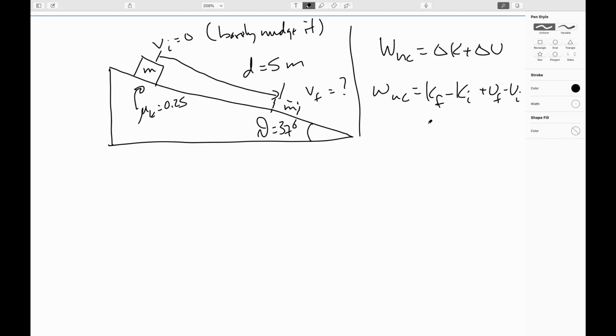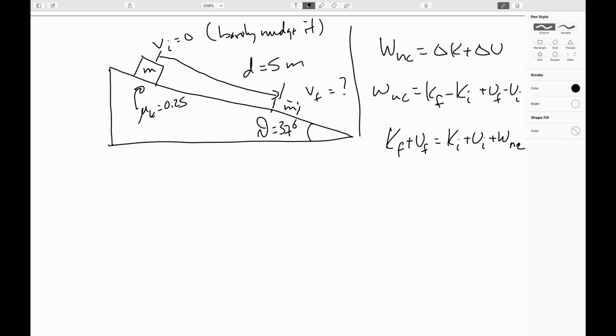And we can rearrange. Rearranging, we will get K final plus U final equals K initial plus U initial plus work done by non-conservative forces. So if we want to do this by a table, we would be inserting our variables, if you will, on the initial side. I'll show how that works in a moment.